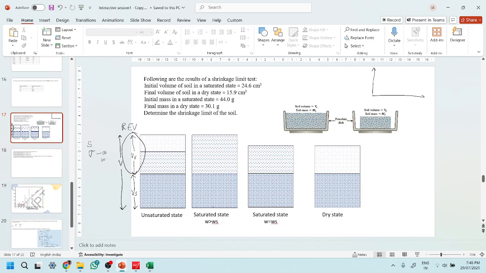So this is the saturated state for this V, and what we do is first we calculate the weight and volume of this unsaturated state. Then we take the dry state, and then this is basically what we are calculating, showing.